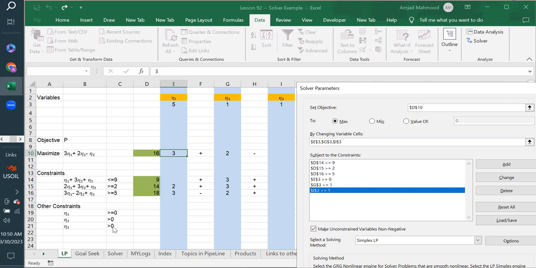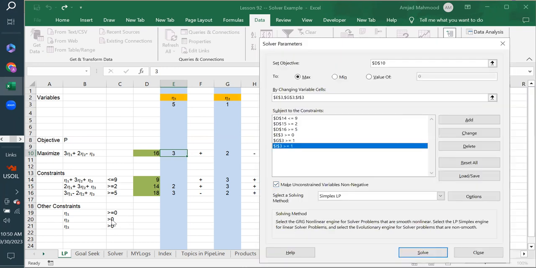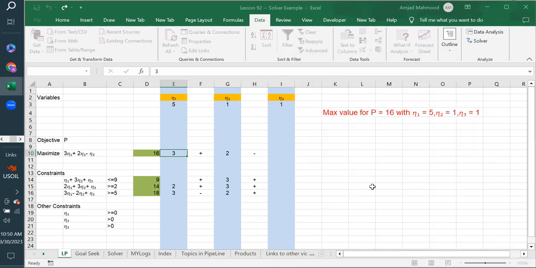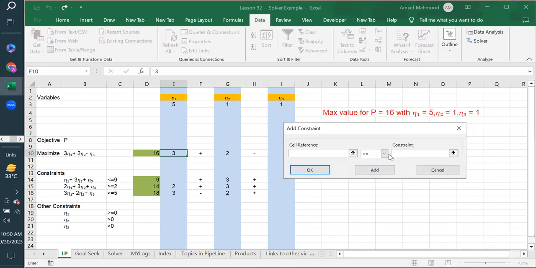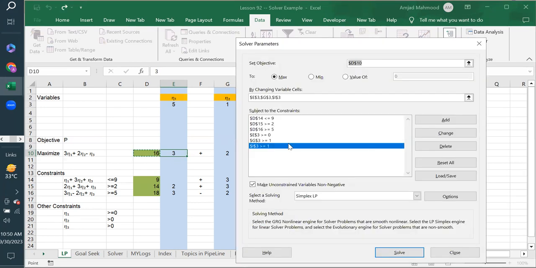Greater than 0 means greater than or equal to 1. The two are the same thing, because the solver does not have the option of only greater than. When you add a new constraint, it does not have anything like greater than only. It has greater than or equal to. So for this you have to change it from 0 to 1.